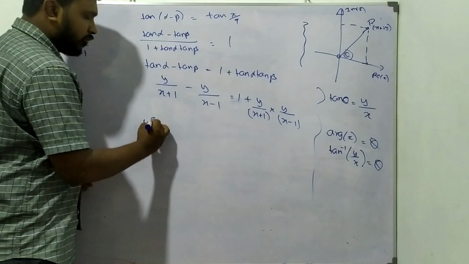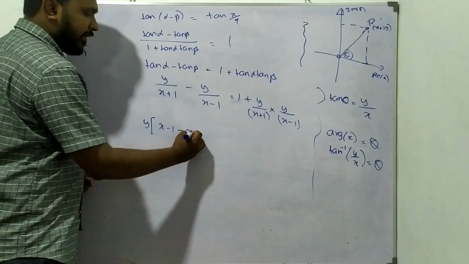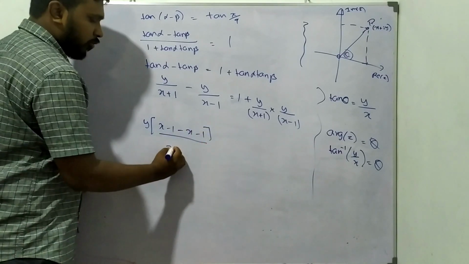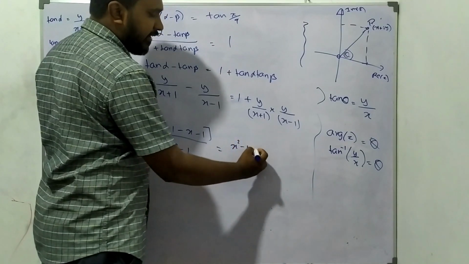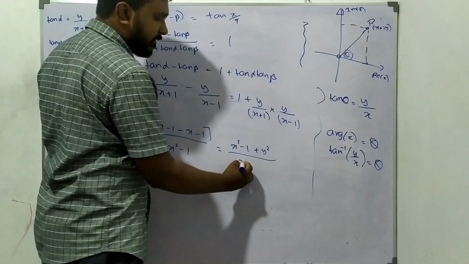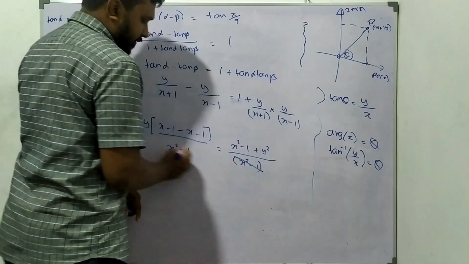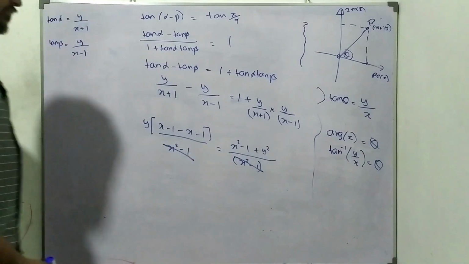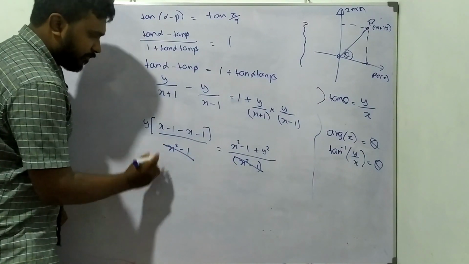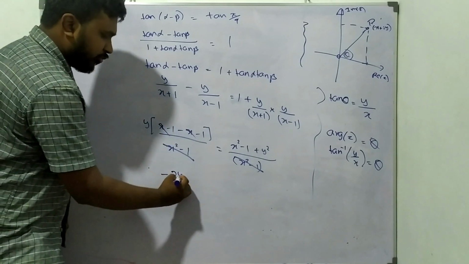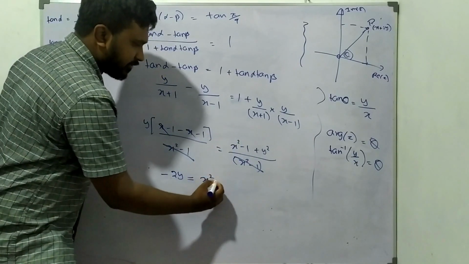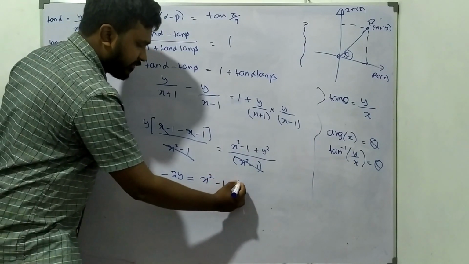Take y out: (x minus 1) minus (x plus 1) over x squared minus 1. So here x squared minus 1 plus y squared over x squared minus 1. These two get cancelled. So then minus 2y equals x squared minus 1 plus y squared.